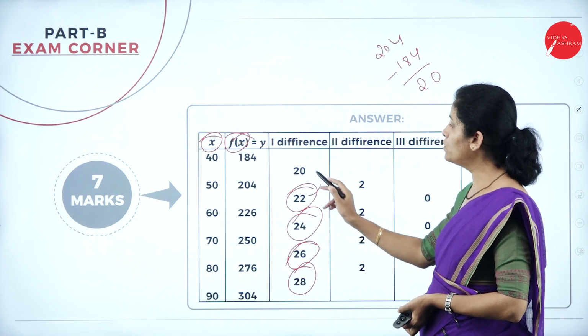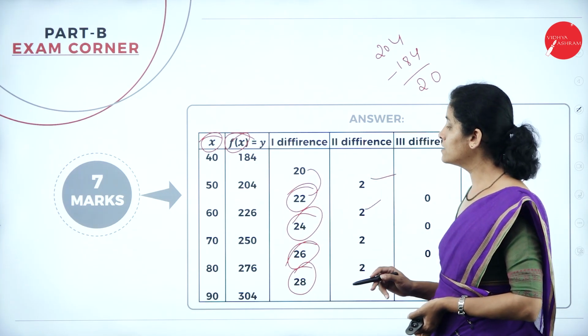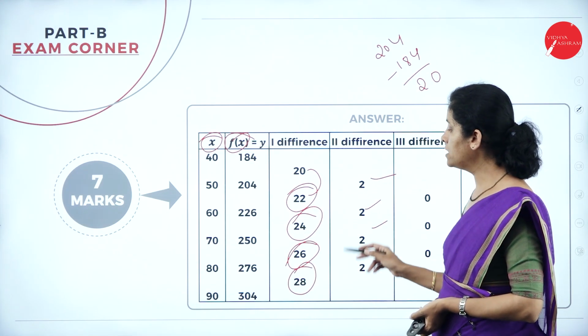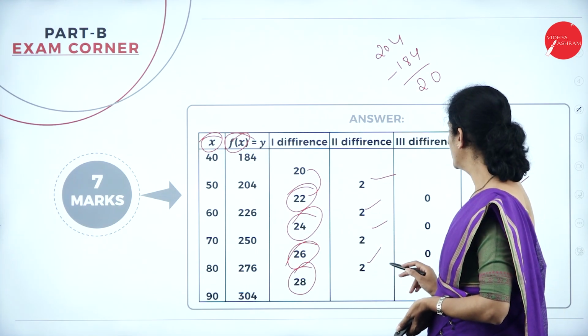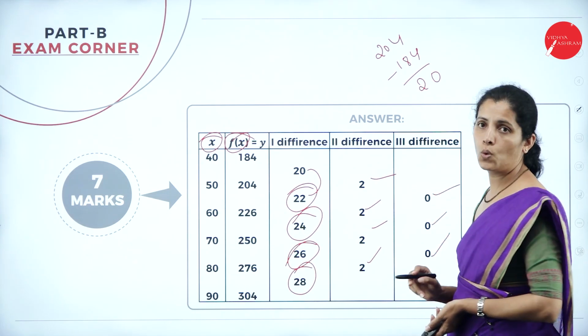Now, 22 minus 20 is 2, 24 minus 22 is 2, 26 minus 24 is 2, 28 minus 26 is 2. And when I subtract again, I'm getting the answer 0.